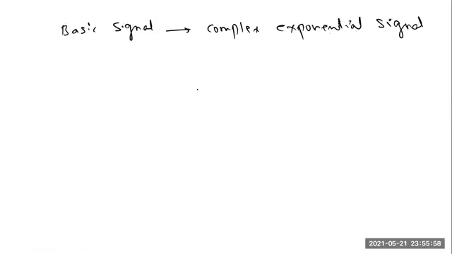So we will see that we can also use complex exponential signal, and we can construct a number of useful signals as a linear combination of complex exponential signals. So let's find out why this complex exponential signal is a very useful basic signal from LTI system point of view.